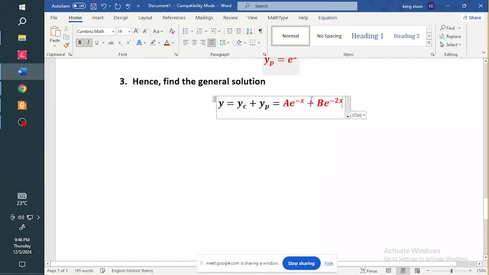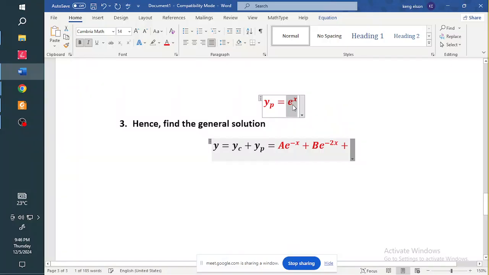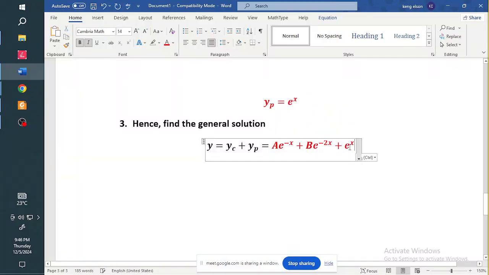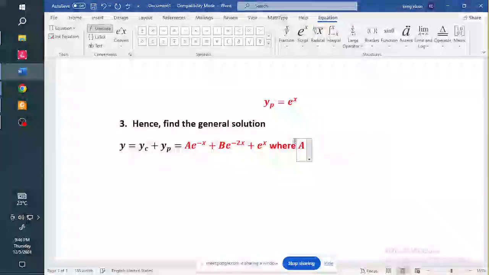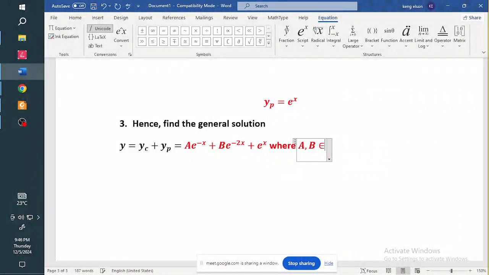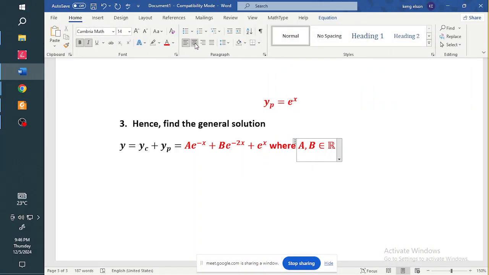That's the complementary function. Then the particular integral is this. And we must specify that a and b are all real numbers. So doing that, we have solved the second order differential equation given to us.